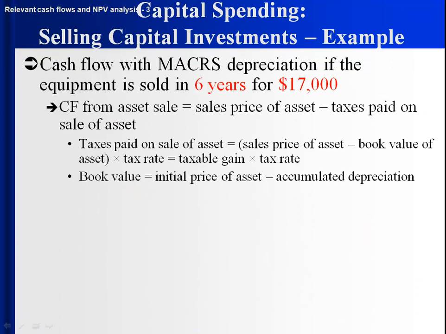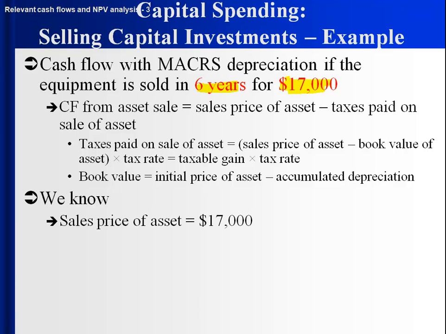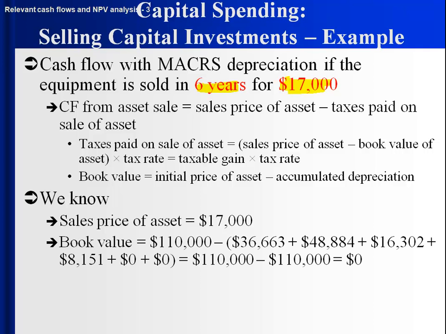What if we sell it for $17,000 in 6 years and we use MACRS depreciation? And again, it's the standard rates: 33.33, 44.44, 14.82, and 7.41. And we're selling it in 6 years, so the depreciation in years 5 and 6 will be 0. Well, we know we sold it for 17. Now let's do some accounting to figure out what taxes were.